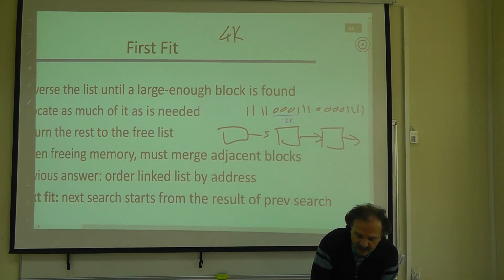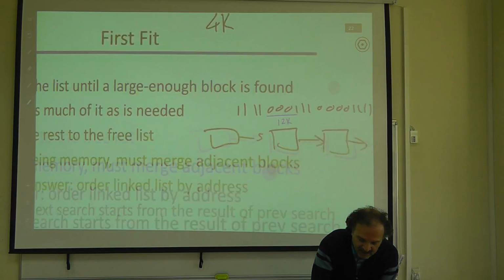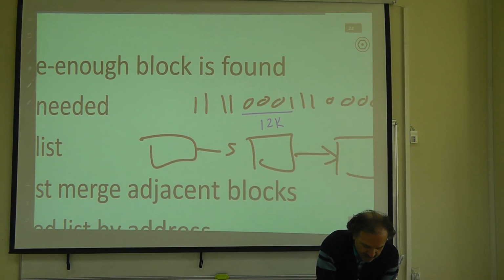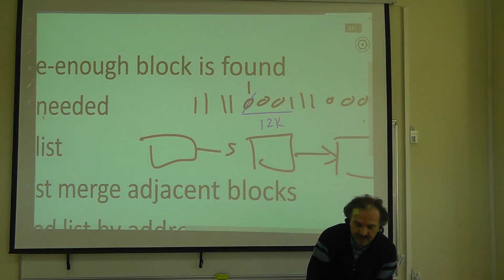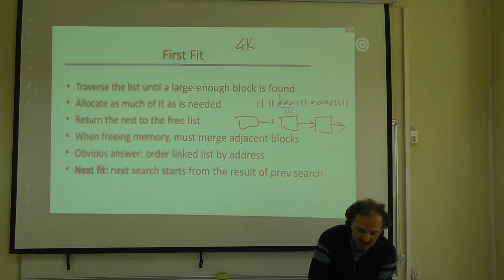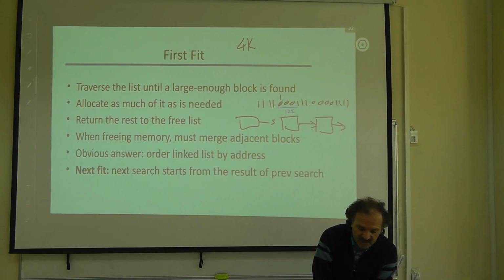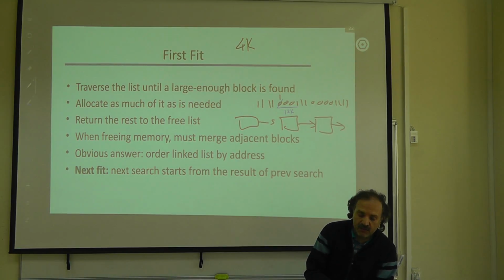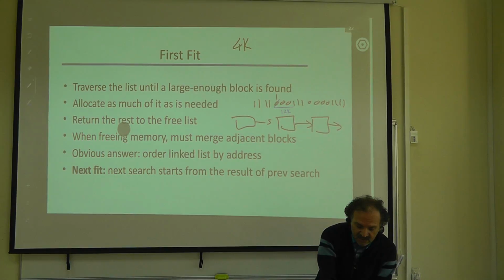Then I would allocate this place, saying that okay, I will turn this 0 into a 1, and now it will become 1 0 0, right? So this is first fit. You find the first large enough place and allocate as much as I need, and mark it that way, and continue. And return the rest to the free list.